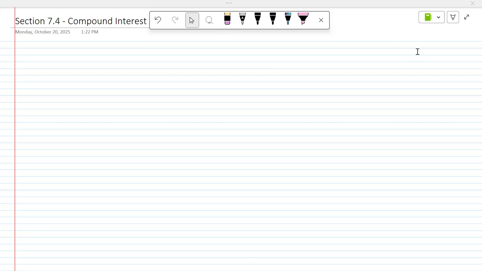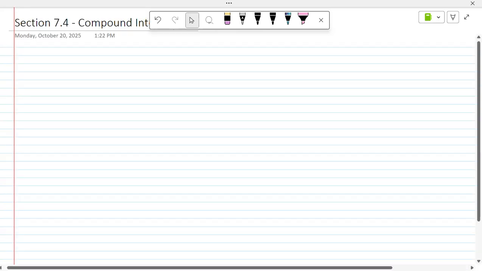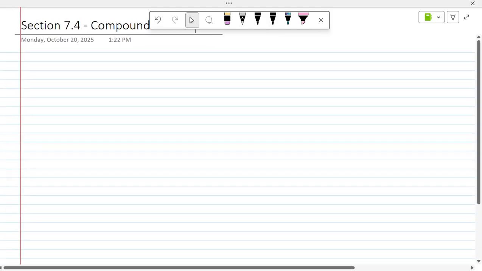Okay, so we are on section 7.4, compound interest. The first thing we're going to do is define compound interest.